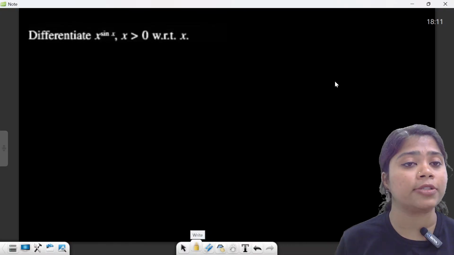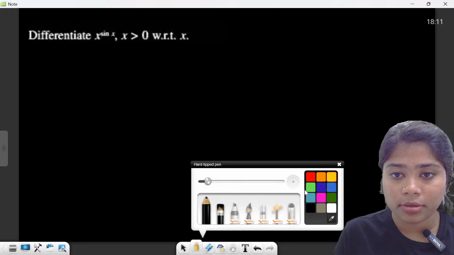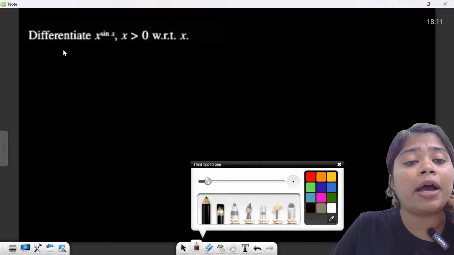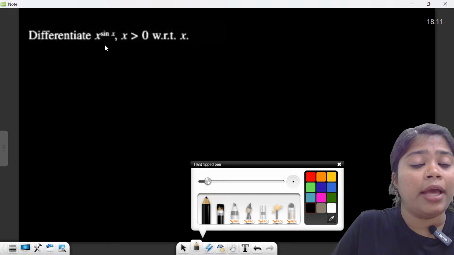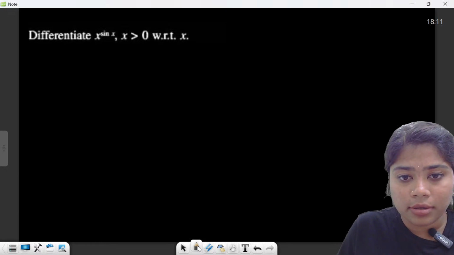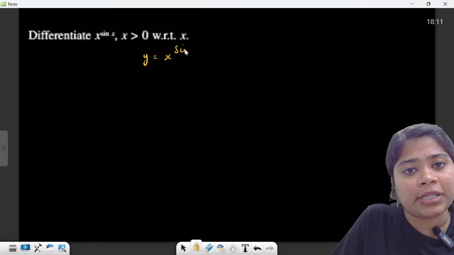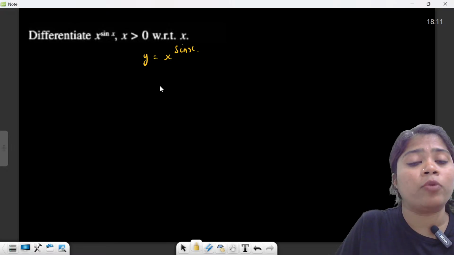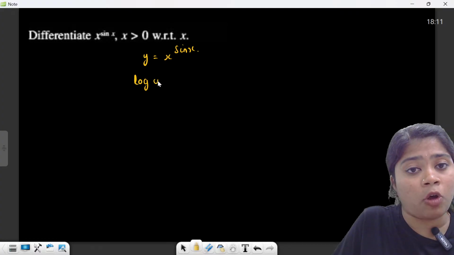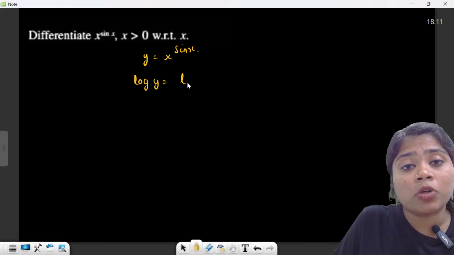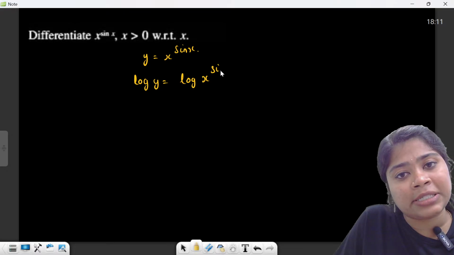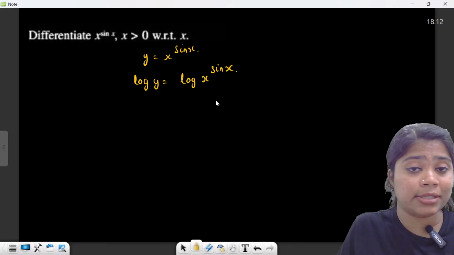So try to solve this question. We are differentiating y is equal to x to the power sin x. If I take log on both sides, log y is equal to log x power sin x. Try to understand this.